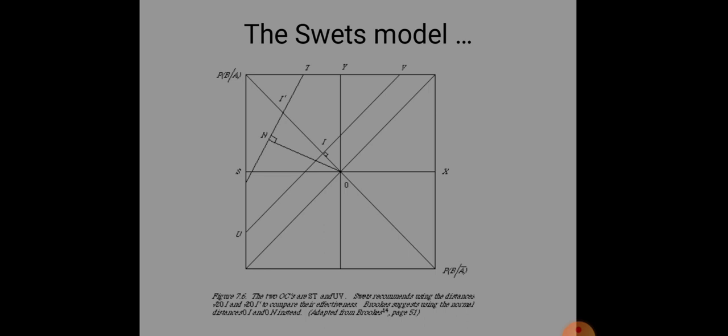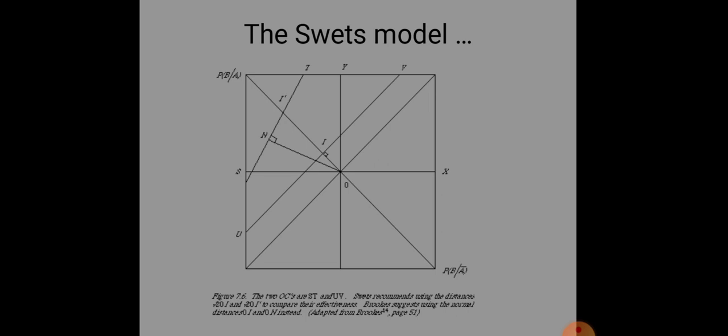Here you can see P of B given A bar, that represents the fallout, and probability of B given A represents the recall. So there are two operating characteristics here, UV and ST. In order to find the effectiveness of this system, we only need to find the distance of UV from the origin, or the distance of ST from the origin. Then you can find the effectiveness.